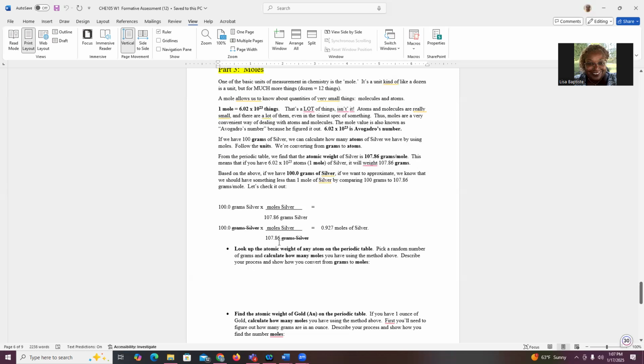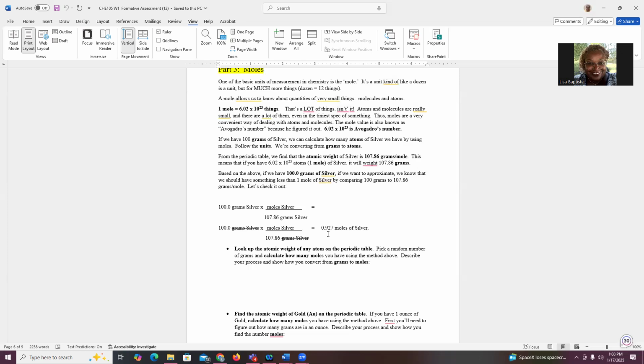107.86 has 5. That 0 is in between the 1 and the 7, a sandwich 0, so that makes it significant, giving us 5 significant figures. So remember, we want to go with the lowest. So 100.0 has 4, 107.86 has 5. So our final answer should have 4 significant figures because we're going with the lowest.